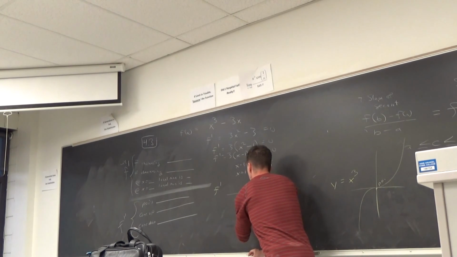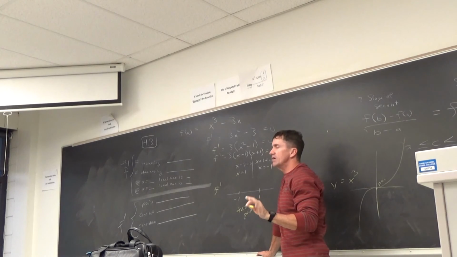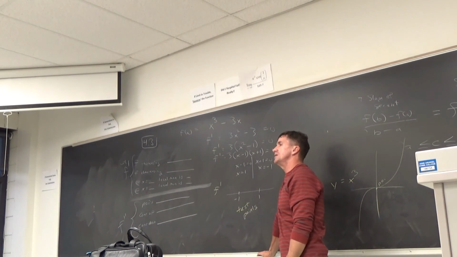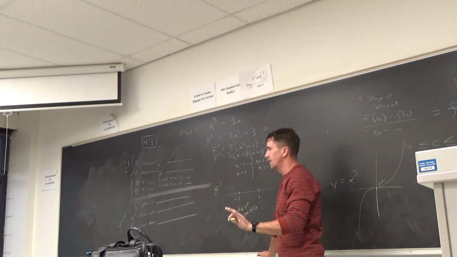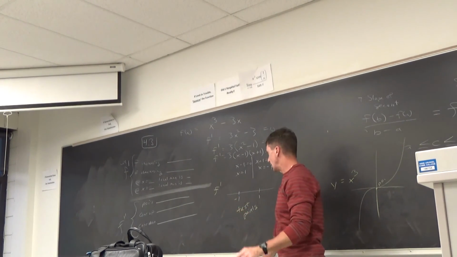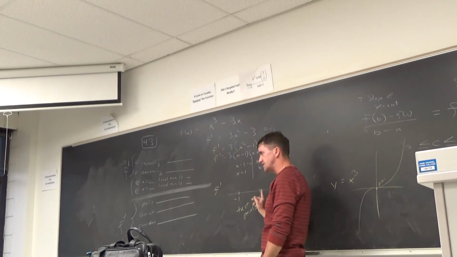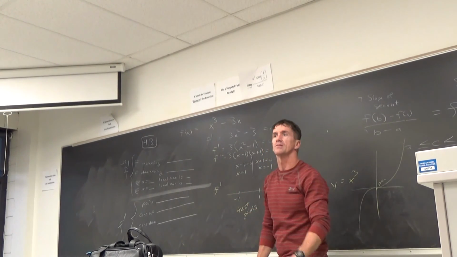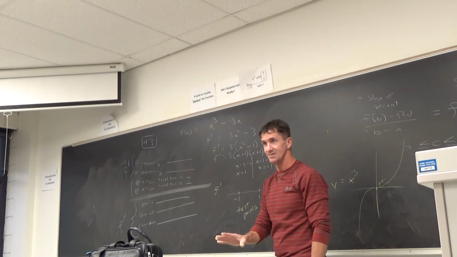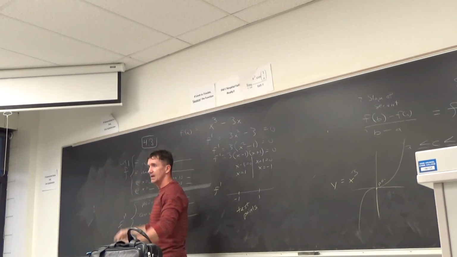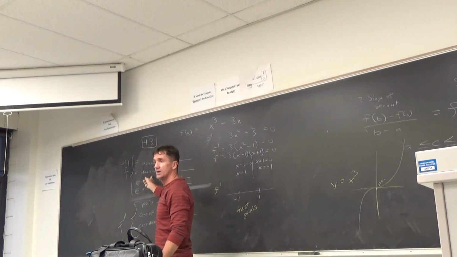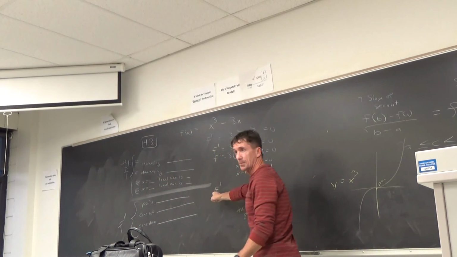But I have to be very careful, and you have to be very careful, when we pick test points, that we plug them into the right thing. This is called what test? The first derivative test. Then I'm going to pick some test points in these intervals, and I'm plugging them into the first derivative, okay? And if the first derivative is positive, the function's increasing. If the first derivative is negative, the function's what? Decreasing.